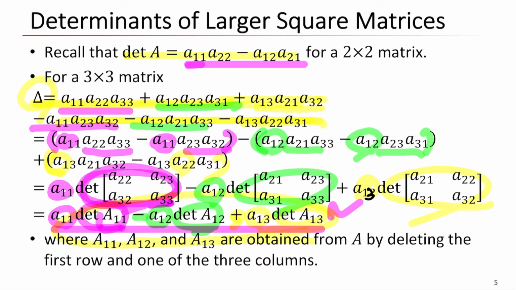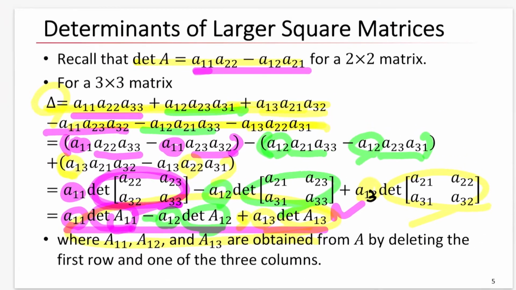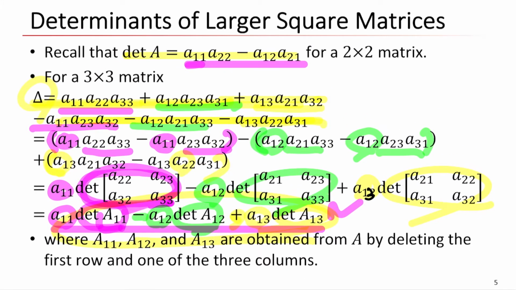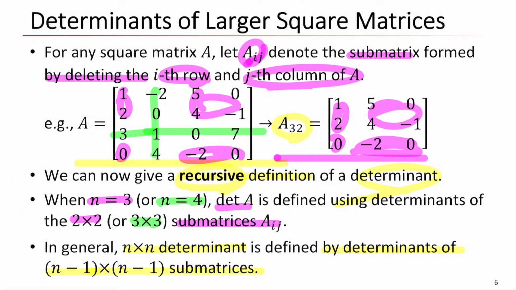So it means that we can recursively estimate the determinant of a larger matrix. In general, an n by n determinant is defined by determinants of n minus 1 by n minus 1 submatrices. This is the way to estimate the determinant of a larger matrix.